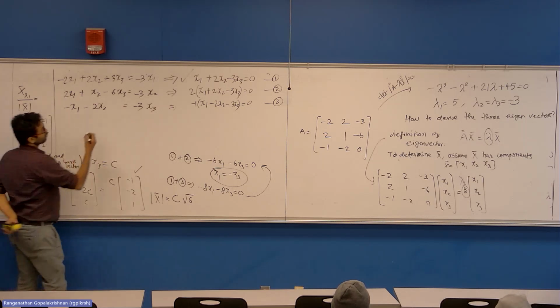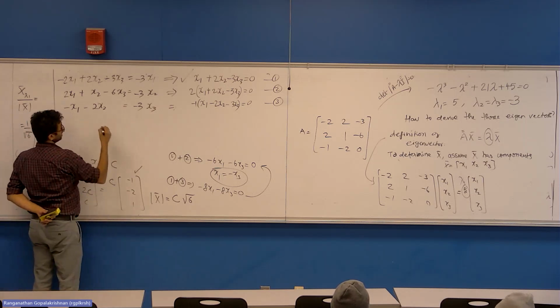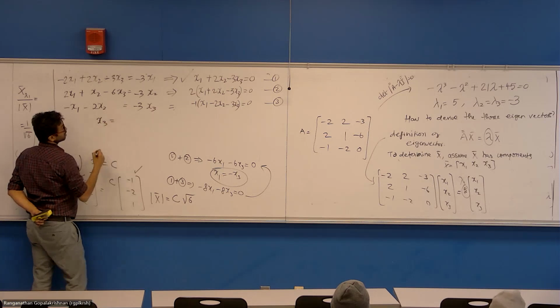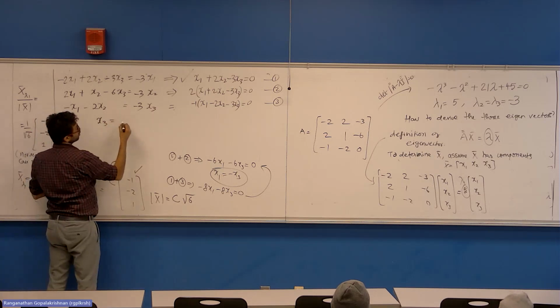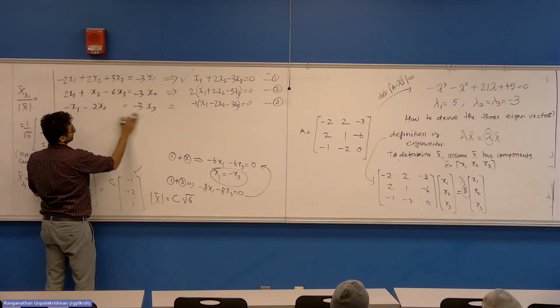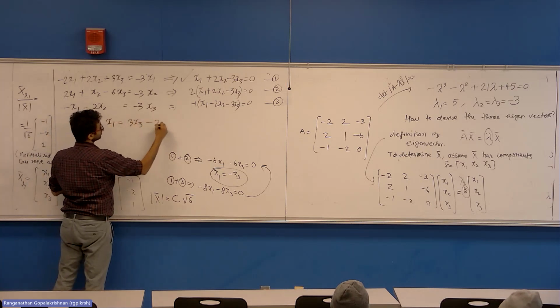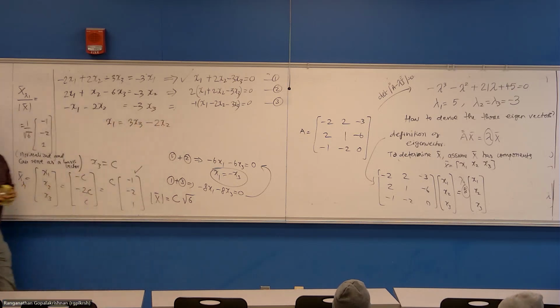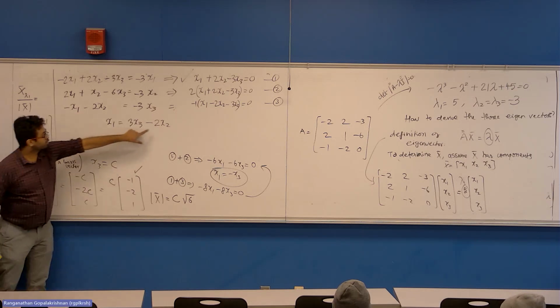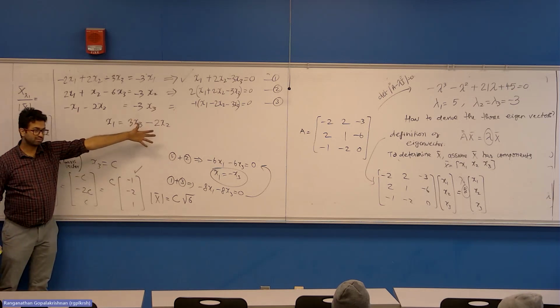To keep it simple, I'll write x1 equal to 3x3 minus 2x2. x2 and x3 can be chosen arbitrarily.